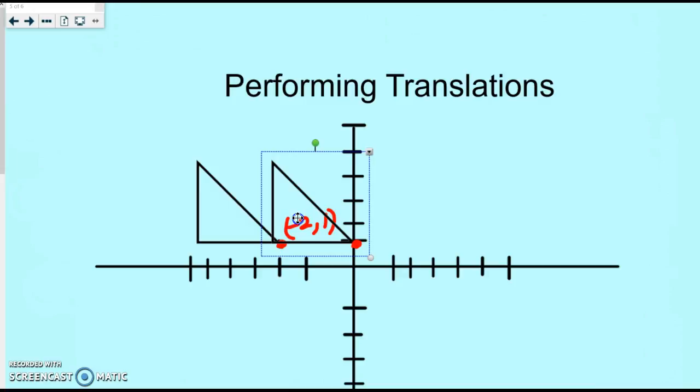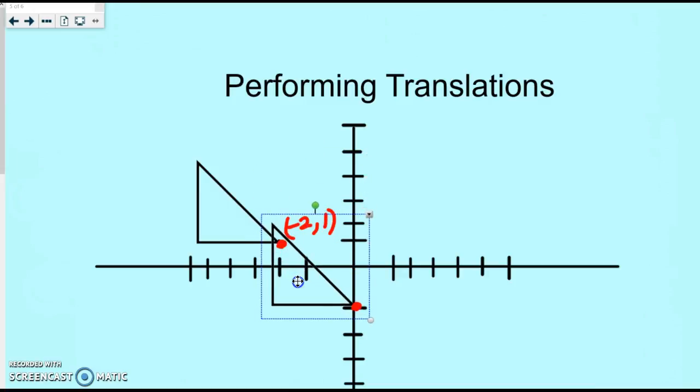And then 2 units down, 1, 2. So you can see the point that I've chosen has gone from -2, 1 to 0, -1. And this has moved the entire figure if you were to finish drawing the rest of the figure.